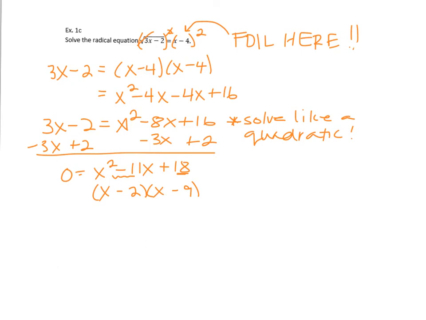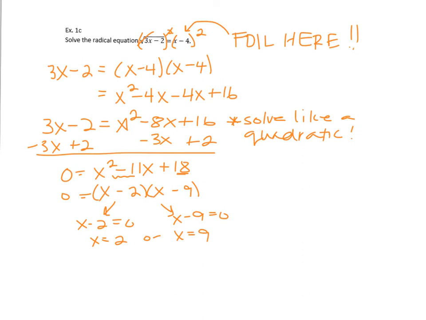Negative 2 and negative 9 would add to get 11x in the middle and multiply to get 18 at the end for the constant. And remember, these are both equal to 0. If we split them up separately and set the other one equal to 0 separately, x has two possible solutions. It could equal 2, or it could equal 9.